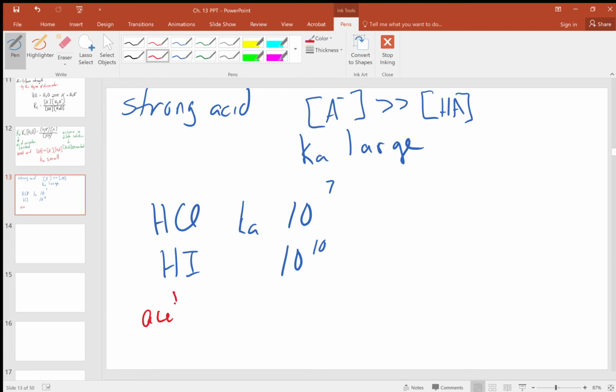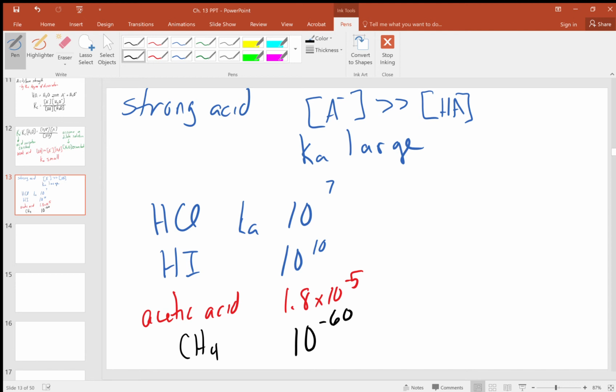Acetic acid, what we find in vinegar, that's a little bit weaker, 1.8 times 10 to the minus 5th. And you can even measure Kas for things that you wouldn't necessarily think of as acids. Something like methane, 10 to the minus 60th.